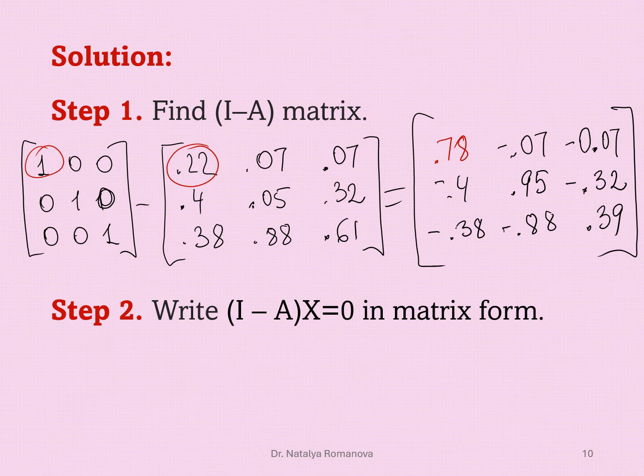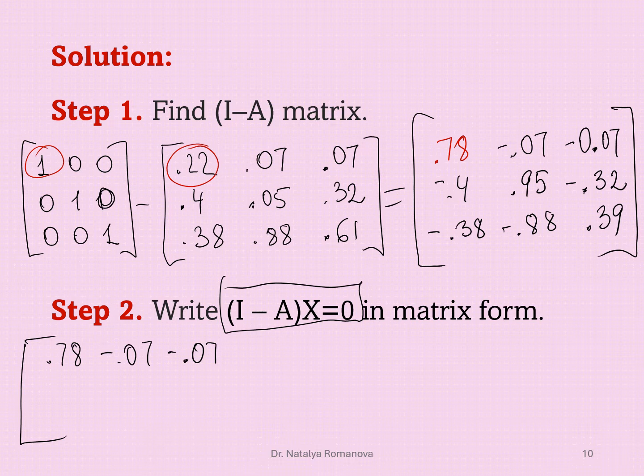Now we have to write the matrix equation. So the expression I minus A times x equals 0, we have to write in matrix form. We write our matrix I minus A: 0.78, minus 0.7, minus 0.07, minus 0.4, minus 0.38, 0.95, minus 0.88, minus 0.32, 0.39.